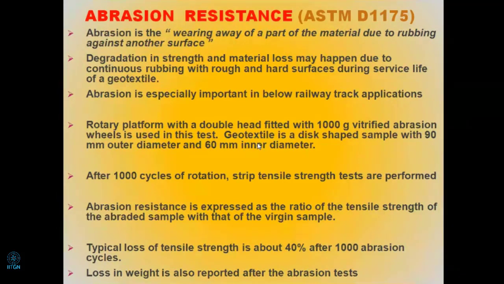So the purpose of the test is to check how much strength is reduced after 1,000 cycles under the 1,000 gram vitrified abrasion wheels. This reduction is very important to check the abrasion resistance of the particular sample.